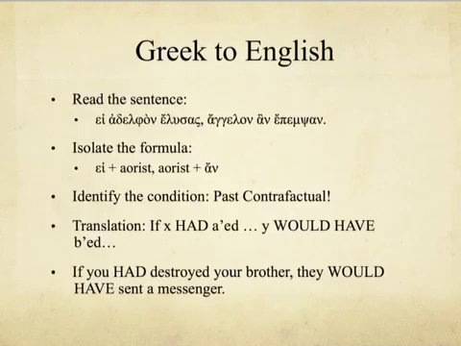That doesn't in English convey the past contrafactualness that the Greek formula has implied. So you cannot directly translate the verbs and come to the right meaning of the Greek. You have to first figure out what the formula is and then figure out how English does the same thing.